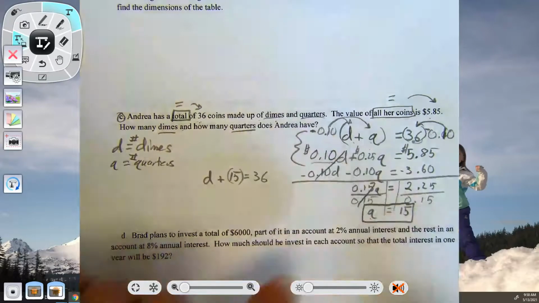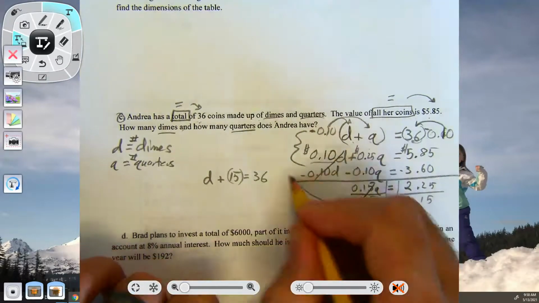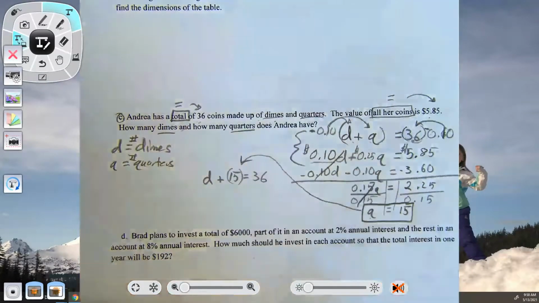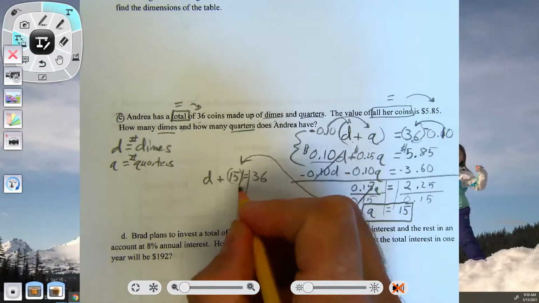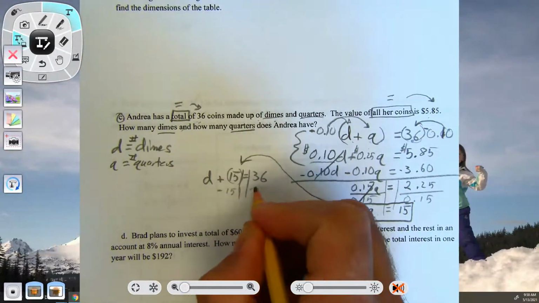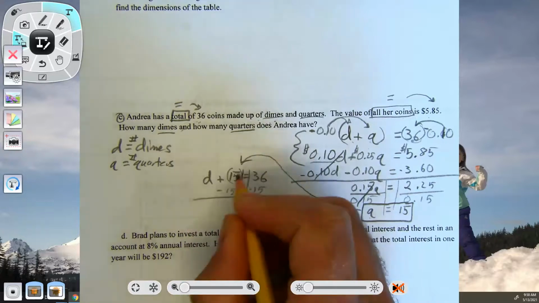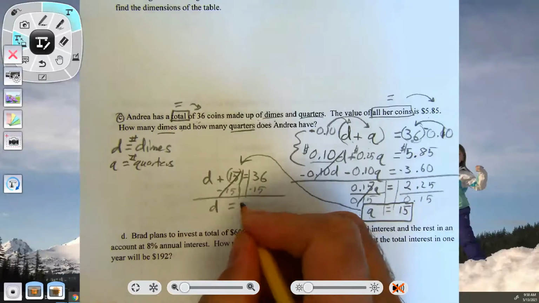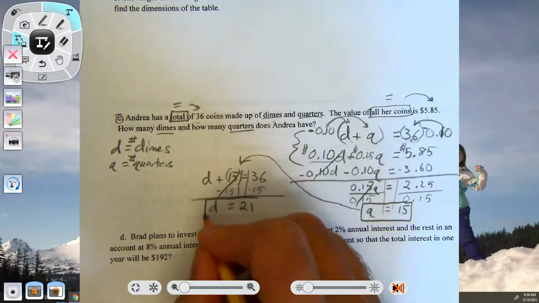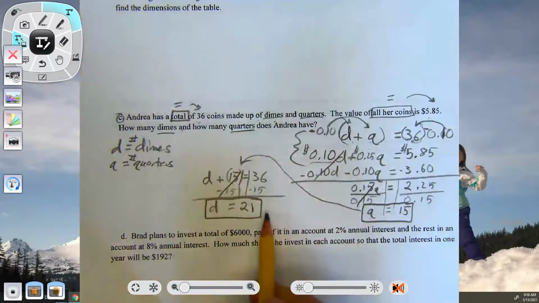Remember, this was my Q, right? So I just plugged this in up here. So I can solve this using algebra, right? Minus 15, minus 15. D equals 21. And there you have it. So that's how you solve it using elimination.